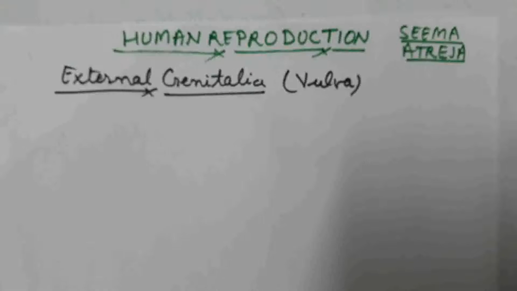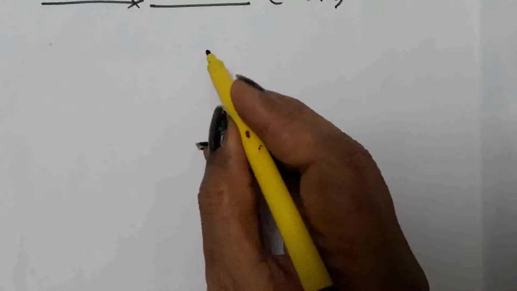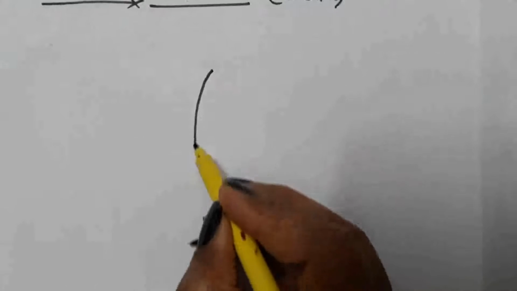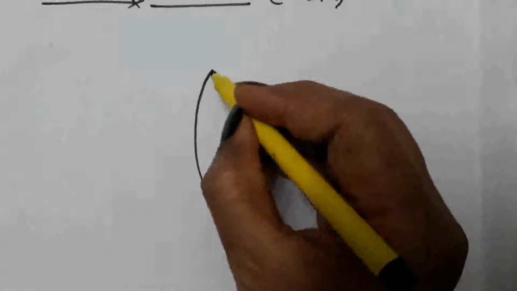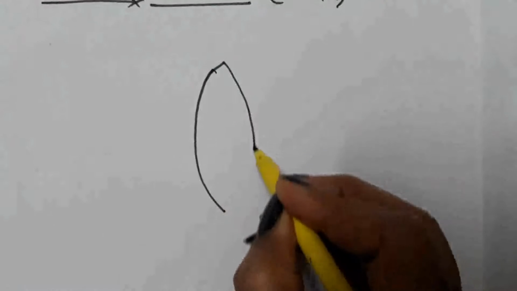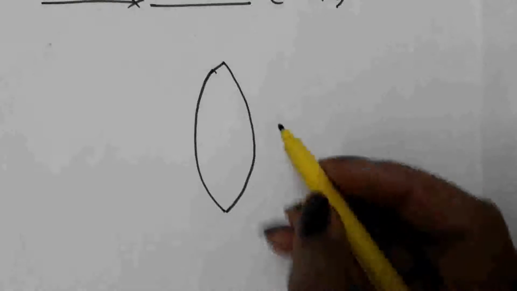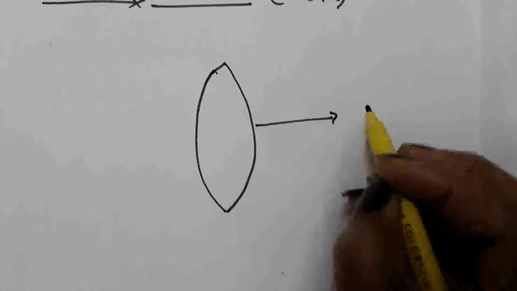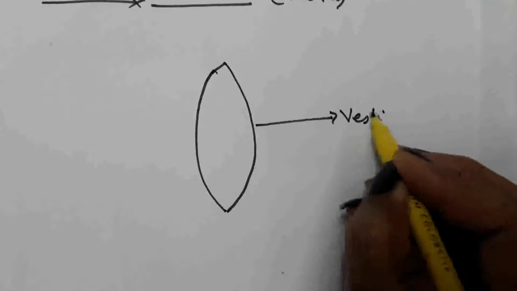Students, in this video we are going to discuss the external genital organ, that is external genitalia, which we call the vulva. Actually, the external genital organ has a depression, what we call the vestibule.